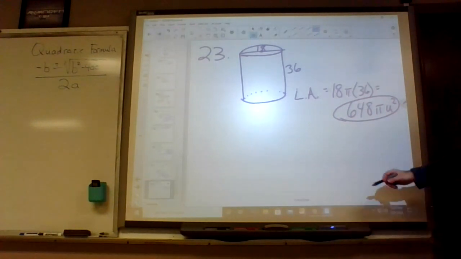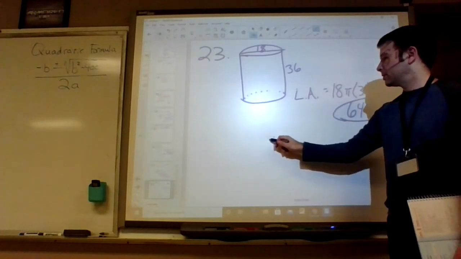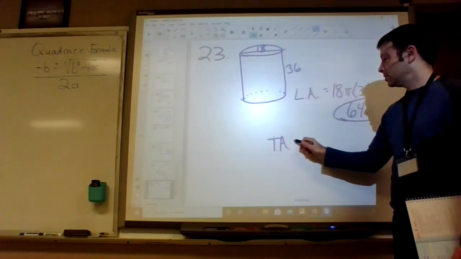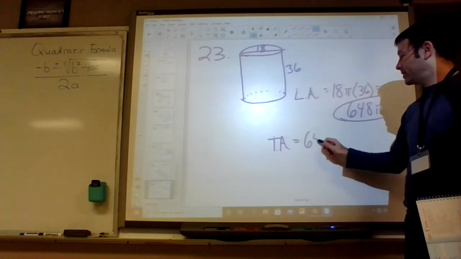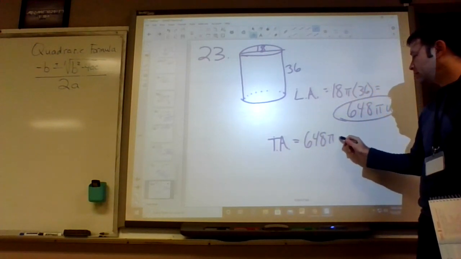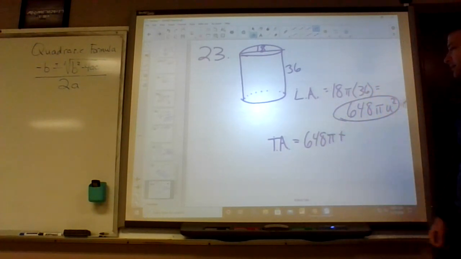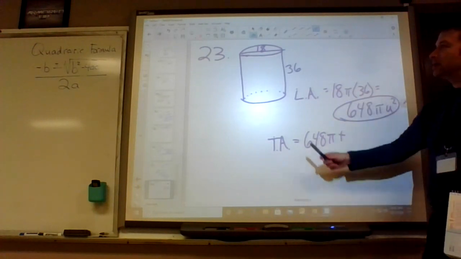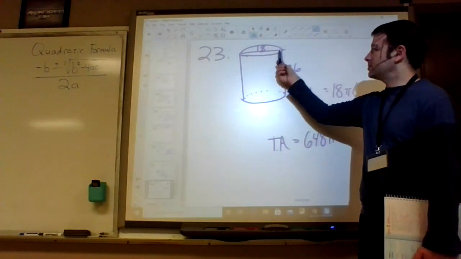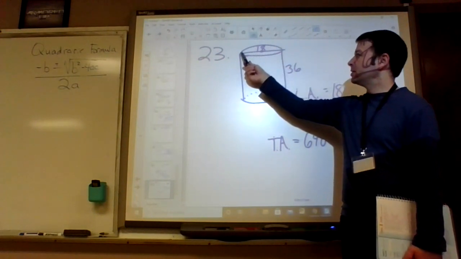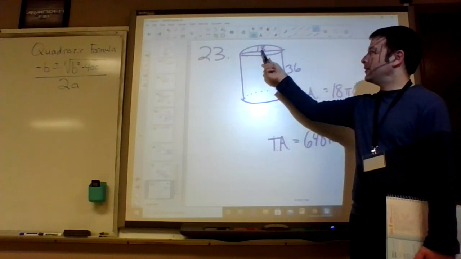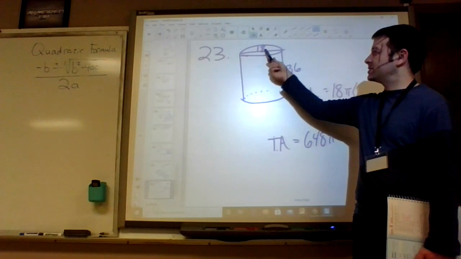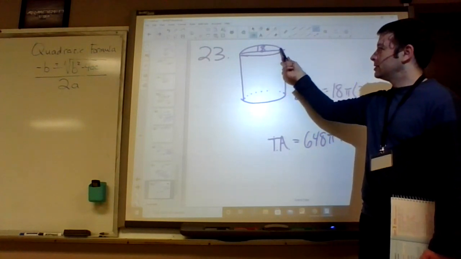Okay, what do I need to do to find the total area now? I'm gonna do 648 pi plus what? What am I missing? The base? Yeah. What's the area of one of these circles here? 81 pi. If the diameter is 18, the radius is 9.